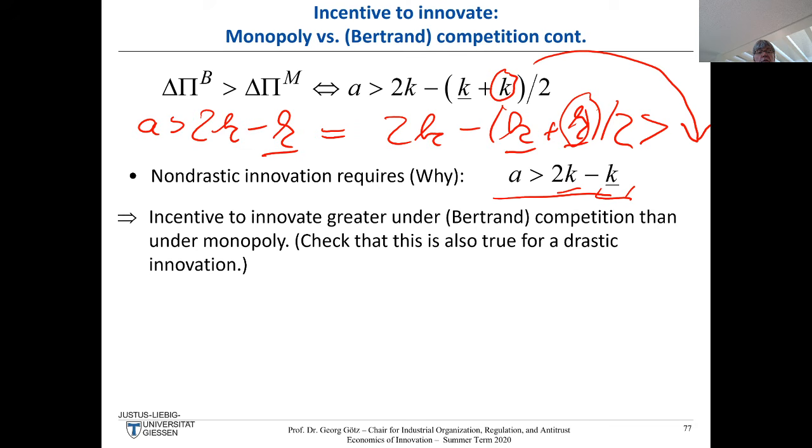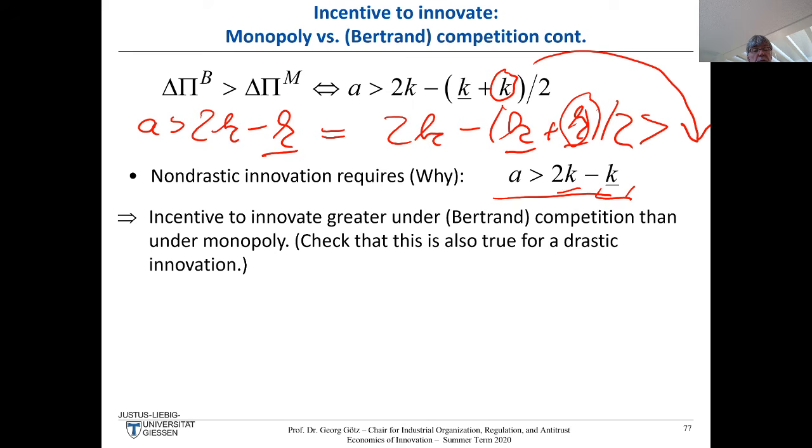But the Bertrand firm doesn't lose anything because it had profits of 0 to begin with, whereas the firm under the monopolist made some profit previously.